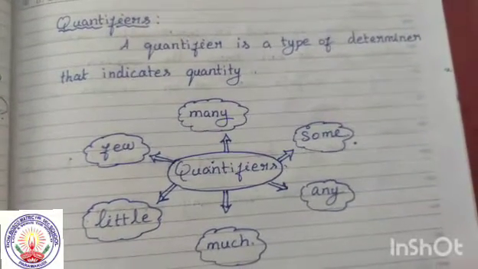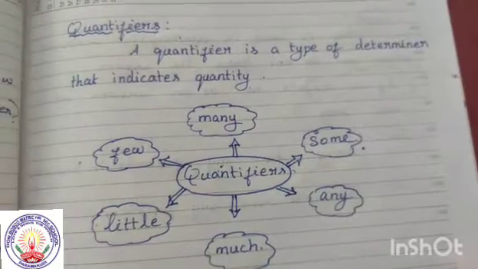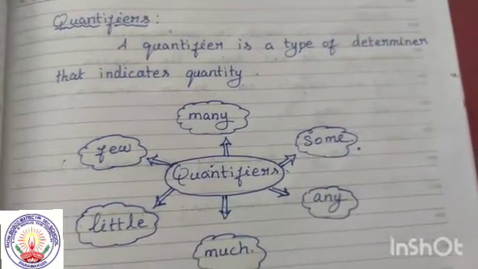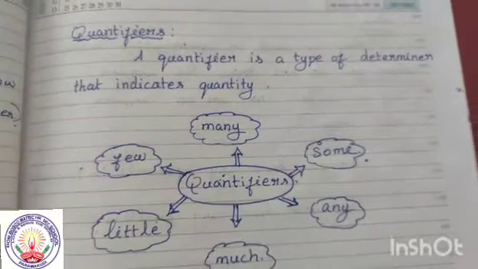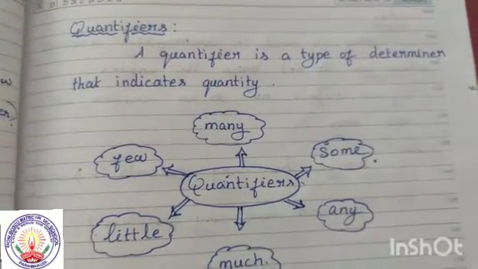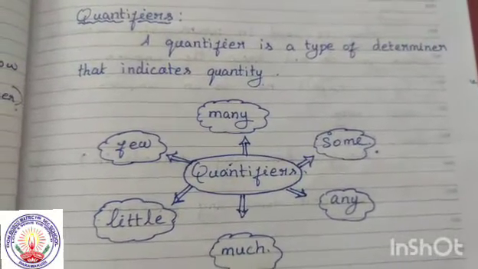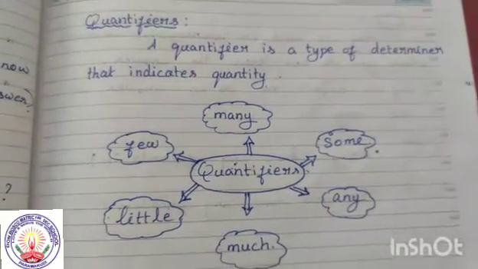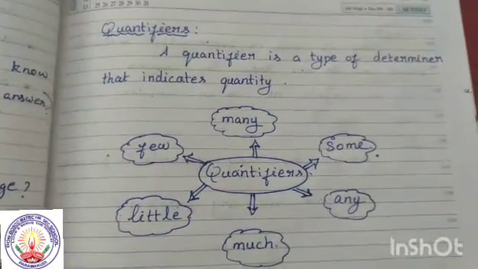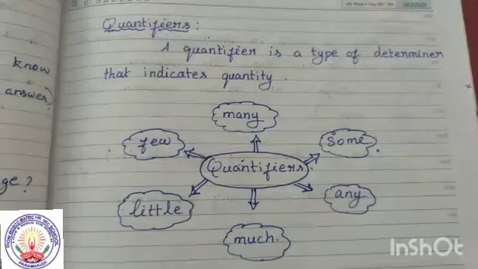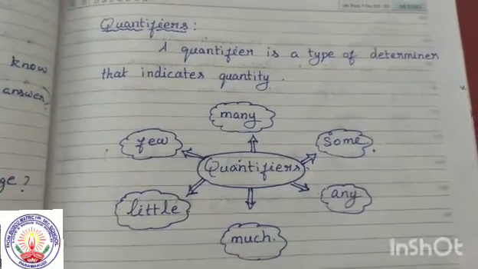So quantity na அளவு, எவ்வளவு, இதனுடைய அளவு எவ்வளவு அப்படிங்கிற மாதிரி குறிப்பிட்டு காட்டுறது தான் quantifiers. Some of the quantifiers are here: many, some, any, much, little, few.